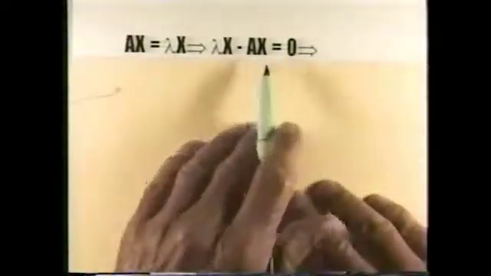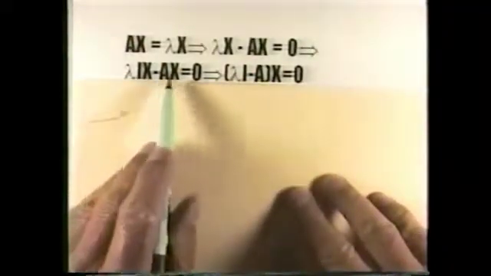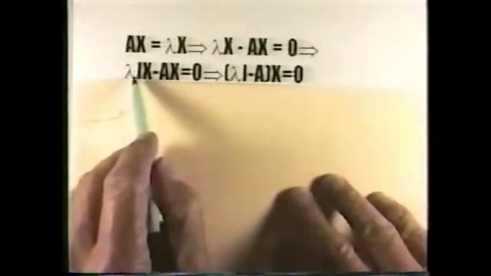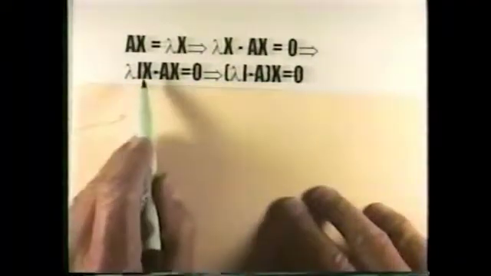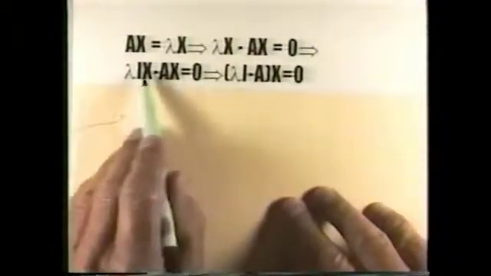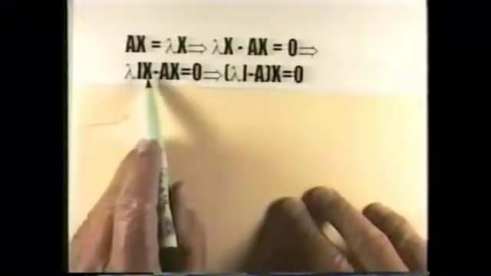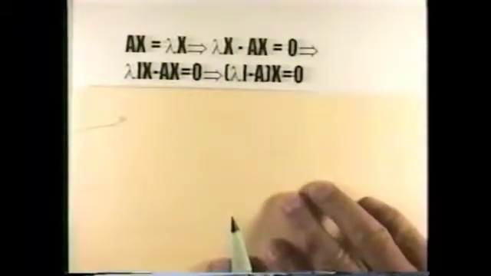Now if lambda X minus AX is equal to 0, then I would have lambda IX minus AX is equal to 0, because I can multiply X by the identity matrix without changing the value. Now we have a common factor here of X, so using the distributive property of matrix multiplication over addition, see this is the same as plus a negative, so I can do that. I can factor out the X. So I have lambda I minus A times X is equal to 0.